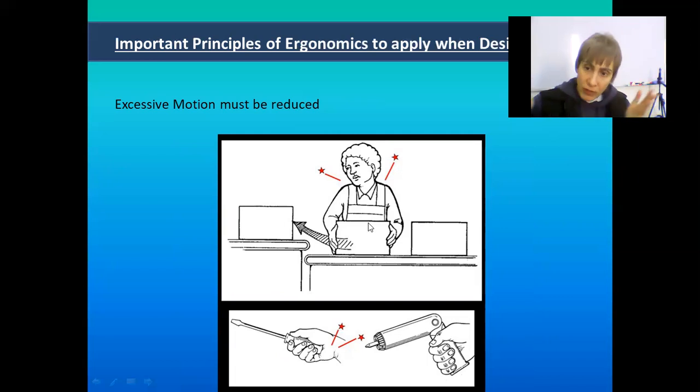And if you keep doing this every day, moving a lot, with time, it will cause damage. So whatever you're designing, you need to try to reduce this possibility of the body or body part having to move excessively as much as possible.